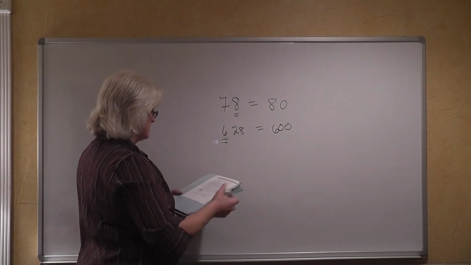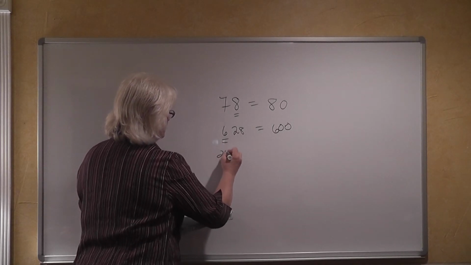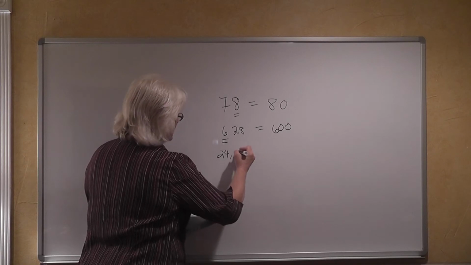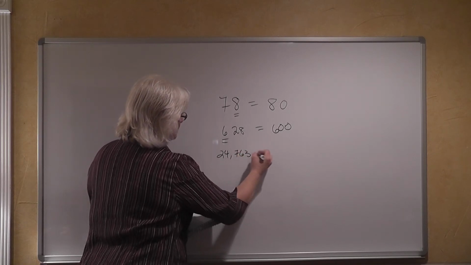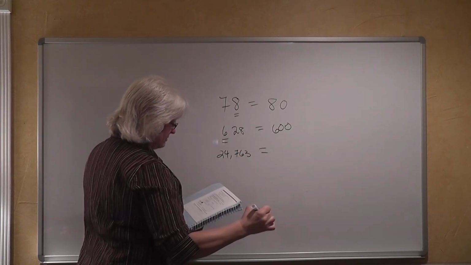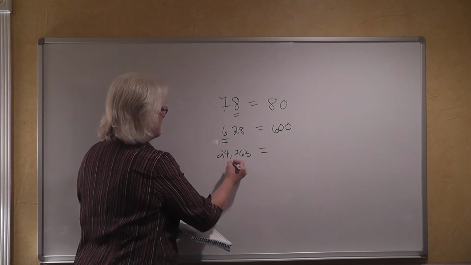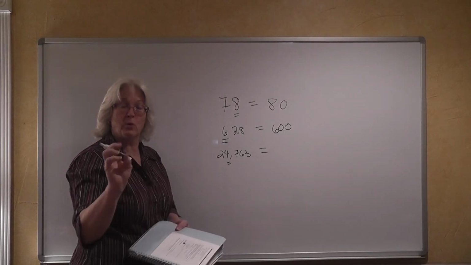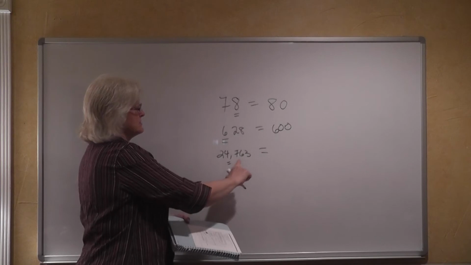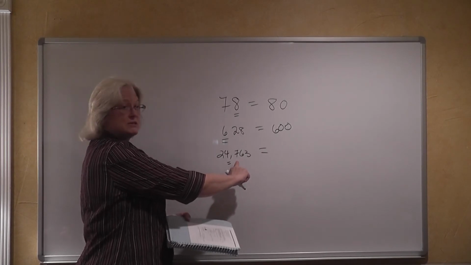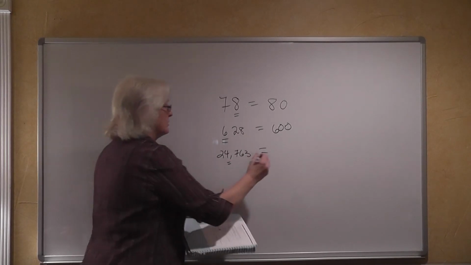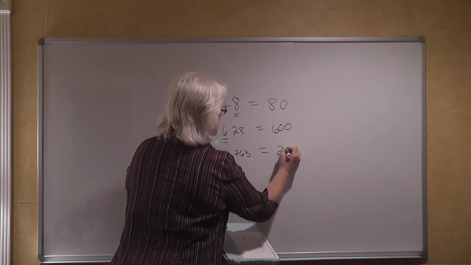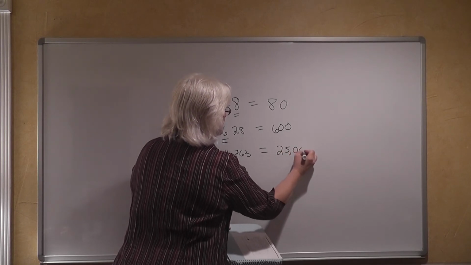Problem number 3 says 24,763. And they want to round this to the nearest 1,000. The 4 is in the thousands place. The digit to the right of it is 7. So this is going to increase to 25,000.